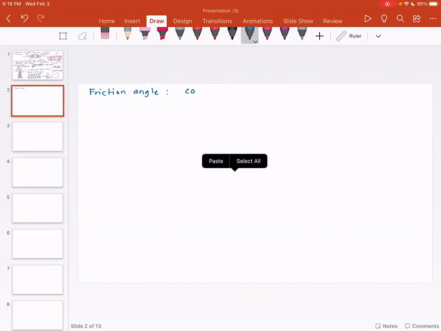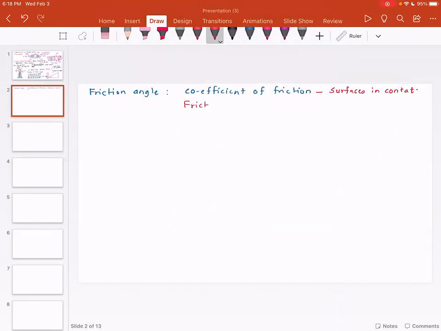So the coefficient of friction depends upon the surfaces in contact, and the force of friction, or frictional force, depends upon the normal reaction multiplied by the coefficient of friction, F = mu N, where mu is the coefficient of friction and N is the normal reaction.